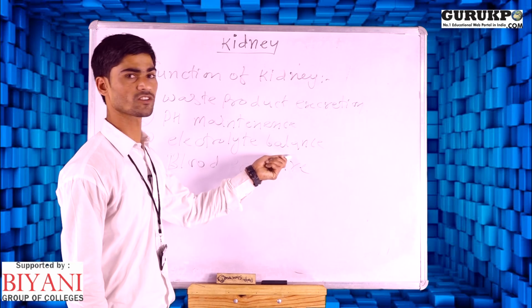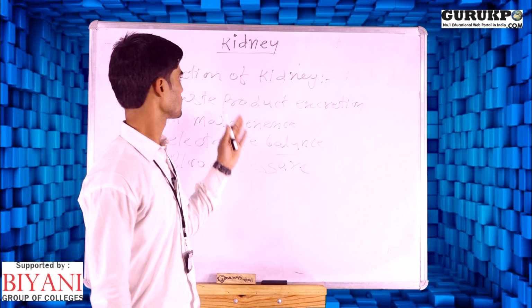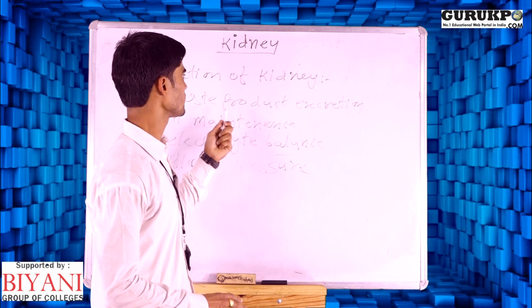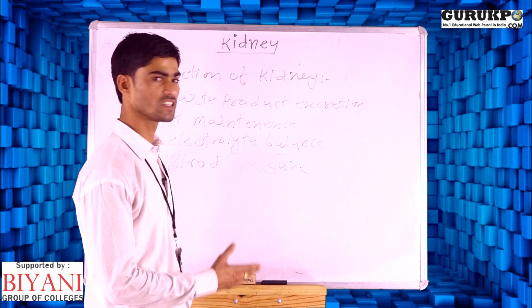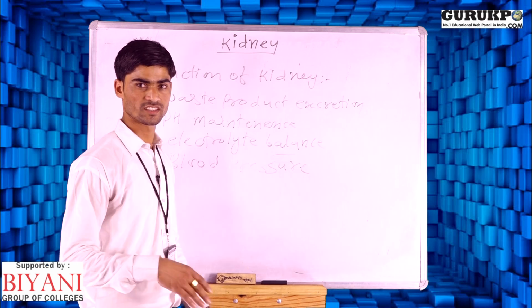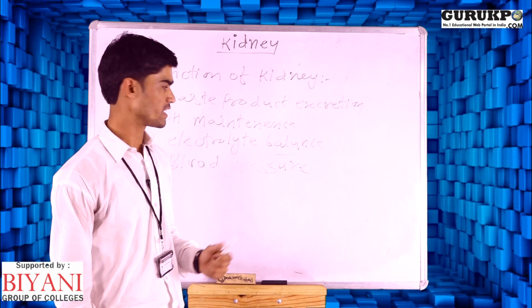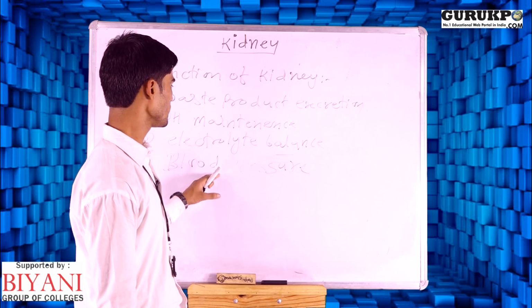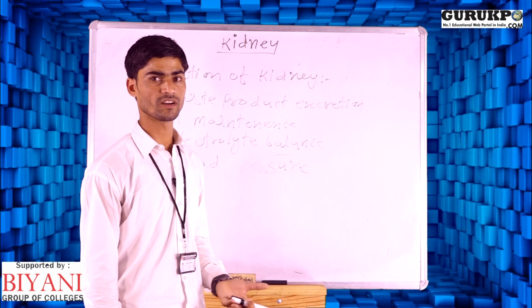Next one is electrolyte balance. This is the main function of kidney. If there is electrolyte imbalance, then kidney maintains the electrolytes in our body by the excretion or reabsorption of the electrolytes. Next one is blood pressure measurement. Kidney also measures the blood pressure.